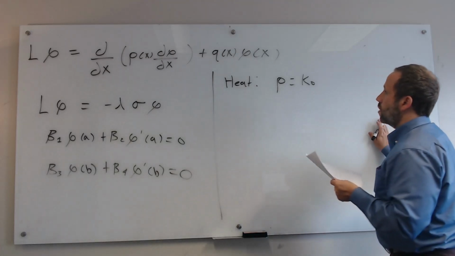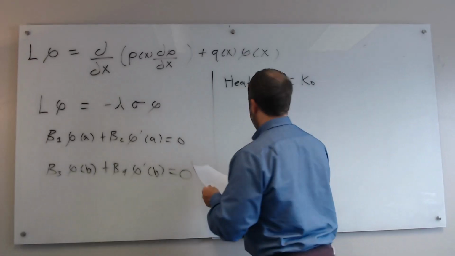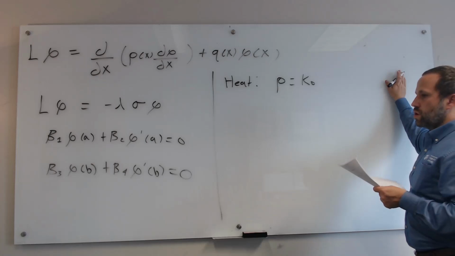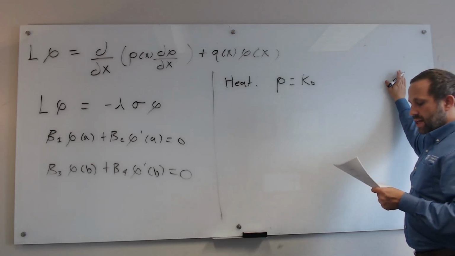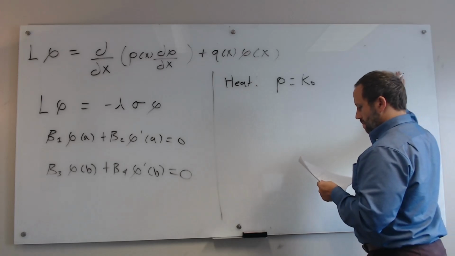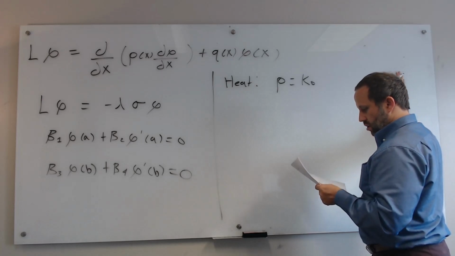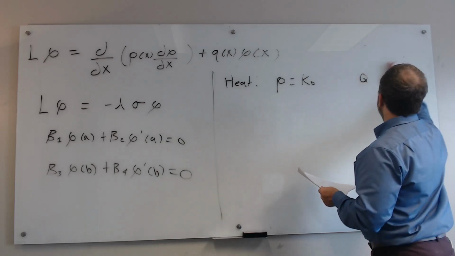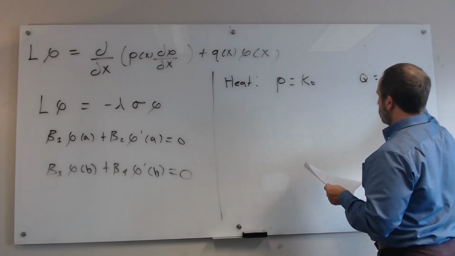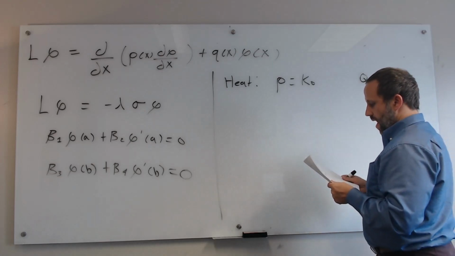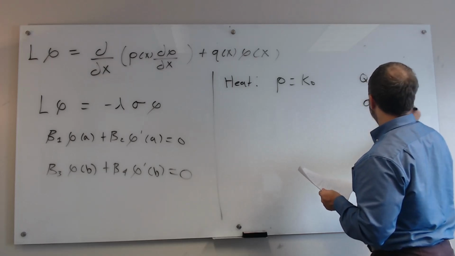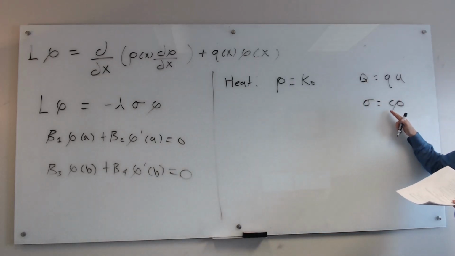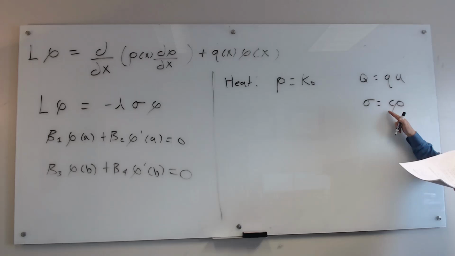Q, for the sort of heat equation that had a source that's proportional to the temperature, we would have something like Q is equal to little q times U, and then sigma would be equal to C times rho, where again C is the specific heat coefficient and rho is the density.